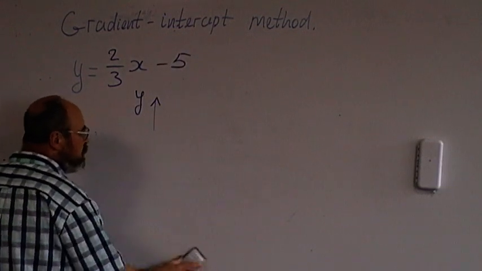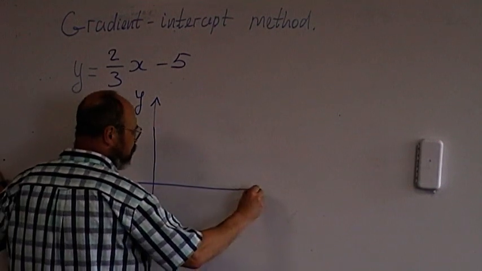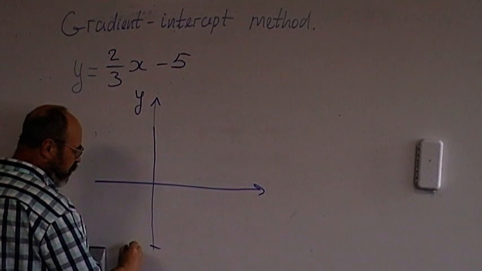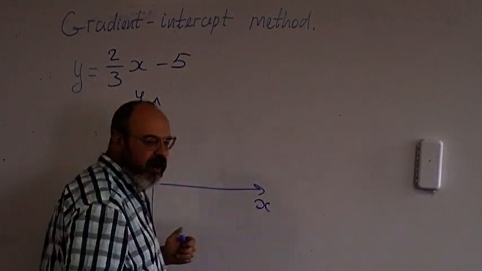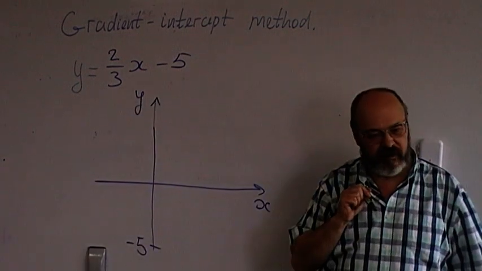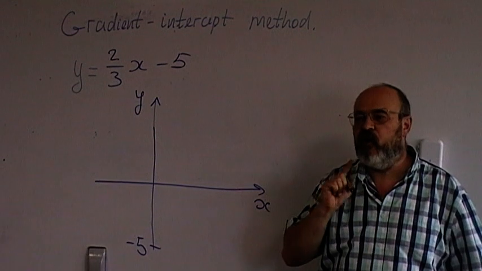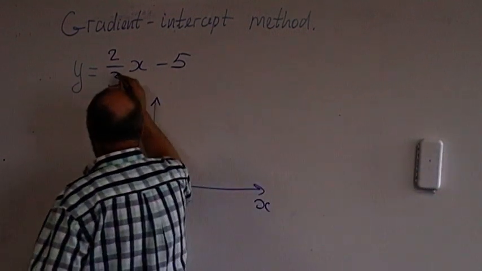Again, we start from the y-intercept, which is negative 5. And now, because we have a fraction, we don't run by 1, we run by the denominator.